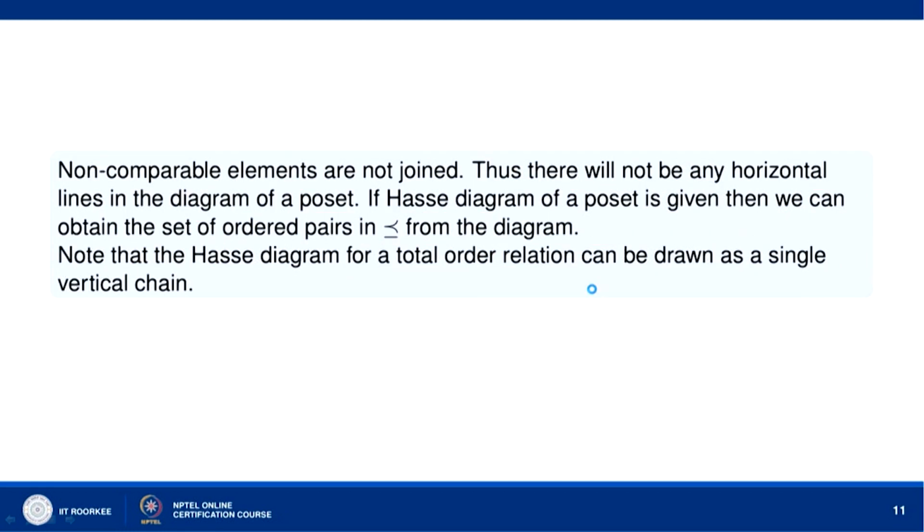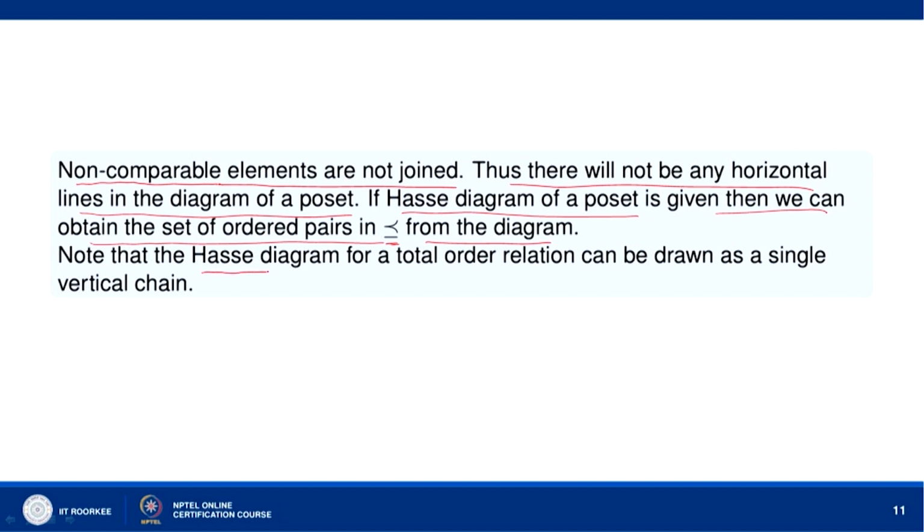Now, if there are two elements which are not comparable, that is A does not precede B and B does not precede A, then such elements are not joined. So, we have to remember this. Thus there will not be any horizontal lines in the diagram of a poset. If the Hasse diagram of a poset is given, then we can obtain the set of ordered pairs from the diagram.